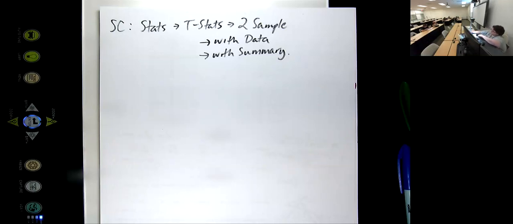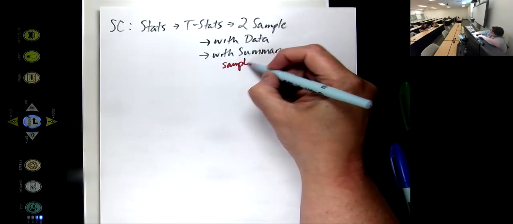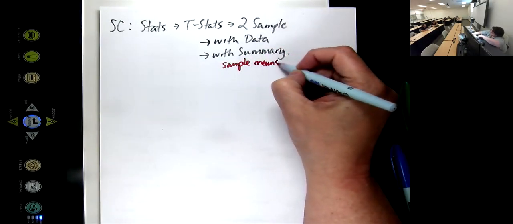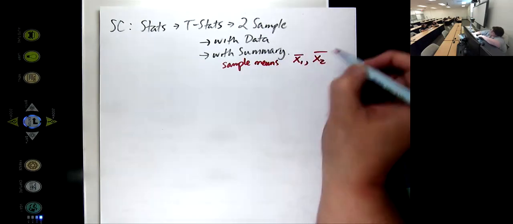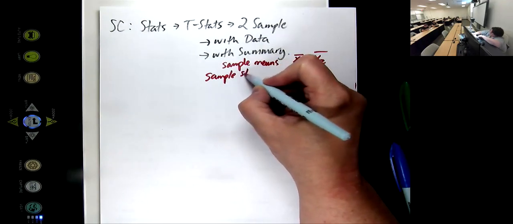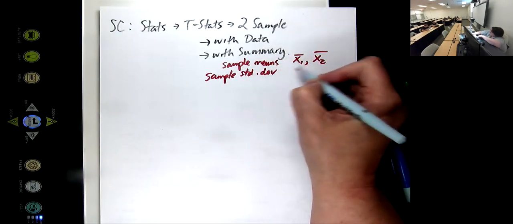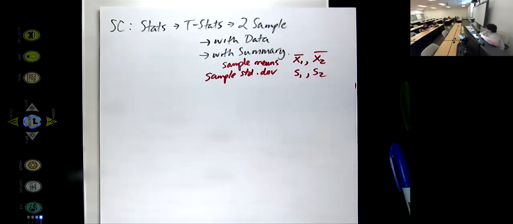With the summary one, you need the sample means, which is X1 bar and X2 bar. And you need the sample standard deviations, S1 and S2. If you don't have the data, they should be providing it.